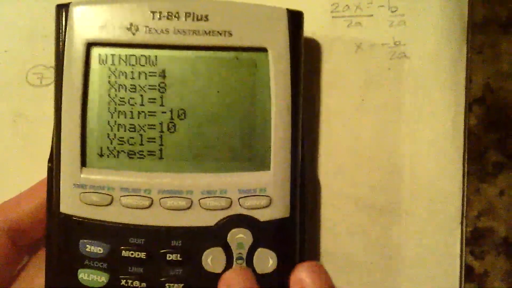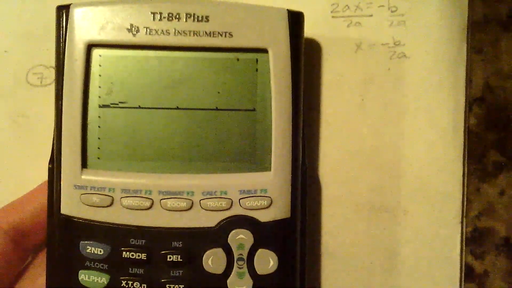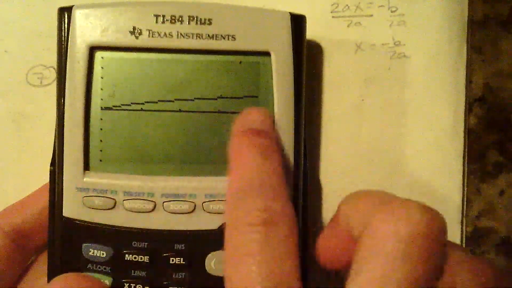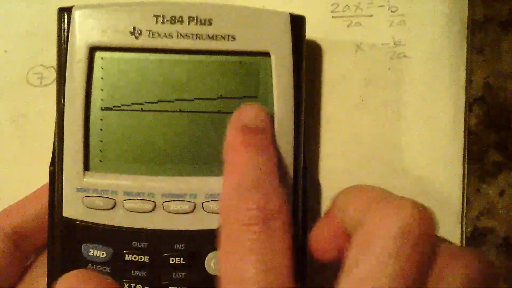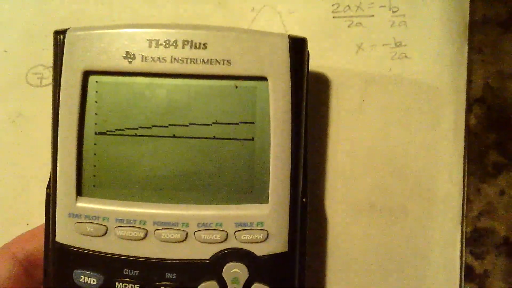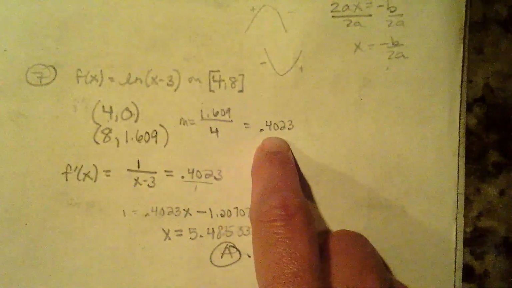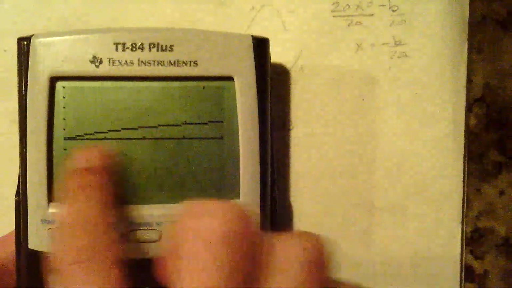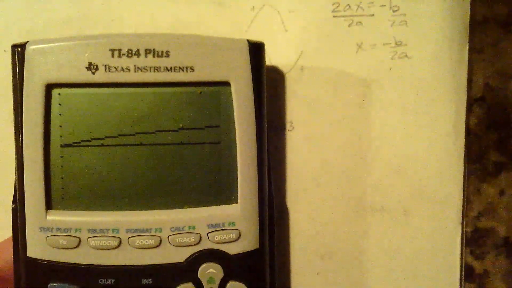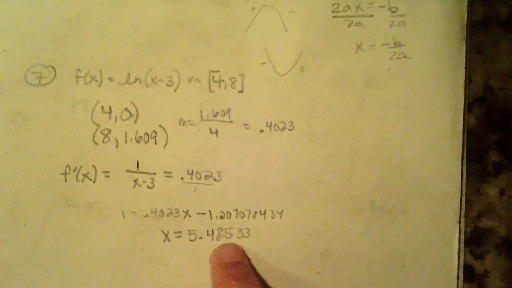Window negative 5 to 5. Okay, so the average rate of change there, start to finish, is a line with a slope of 0.4023. So we're going to look for the actual location on there that has a slope of 0.4023, and that's happening at 5.485.